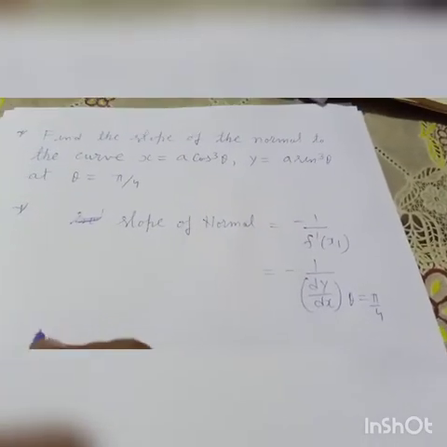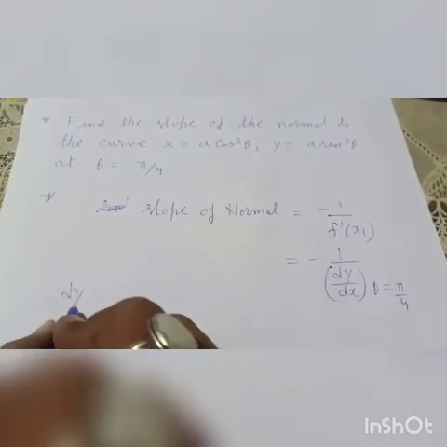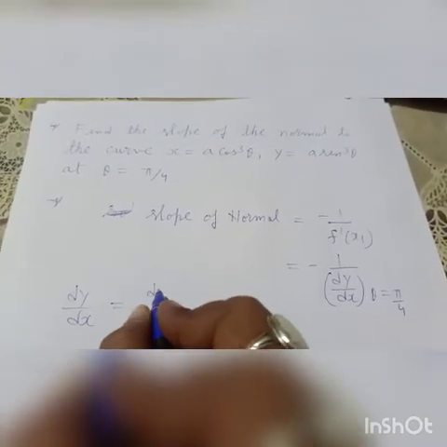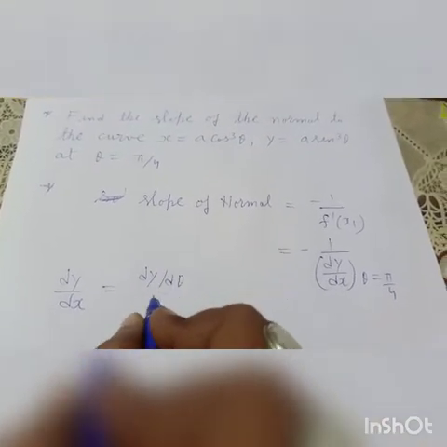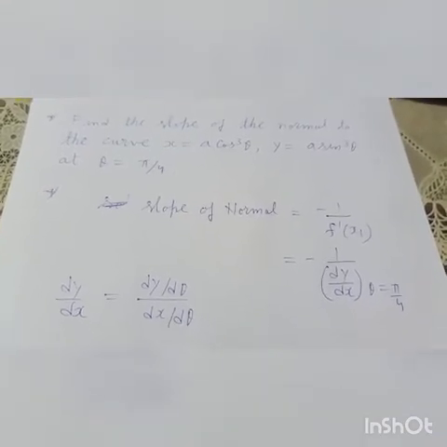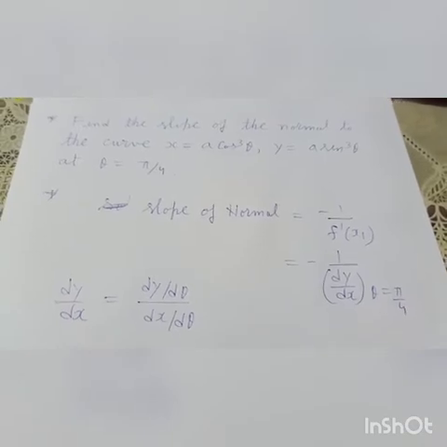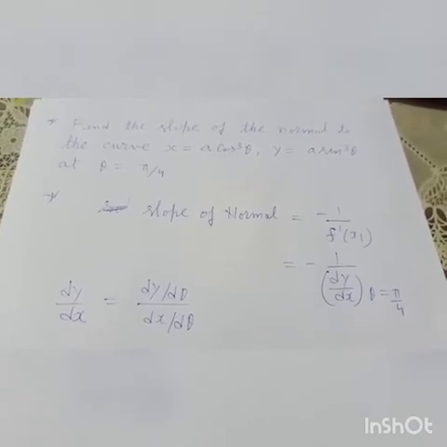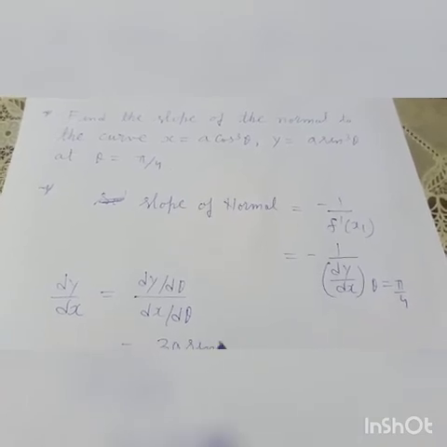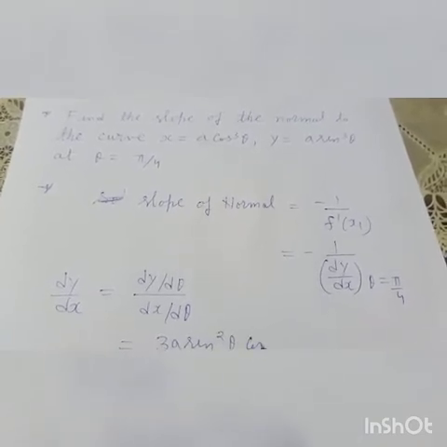Now dy by dx for parametric form can be written as dy by d theta upon dx by d theta. The value of y is a sin cube theta, so dy by d theta equals 3a sin square theta cos theta.